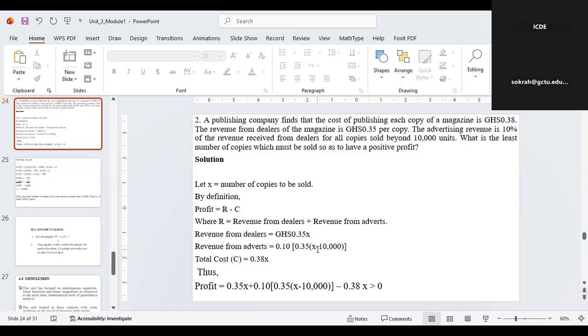Nice one. Can I explain? Yes. Good. What is the revenue per copy? The question told you that. You are looking for revenue, and the revenue per copy is 0.35. So if you sold maybe 12,000 copies, this X is the number of copies.